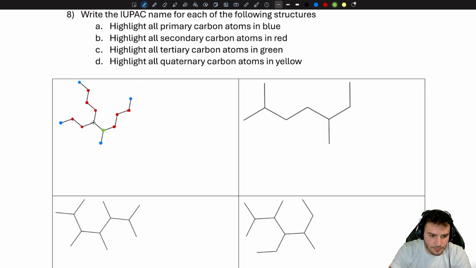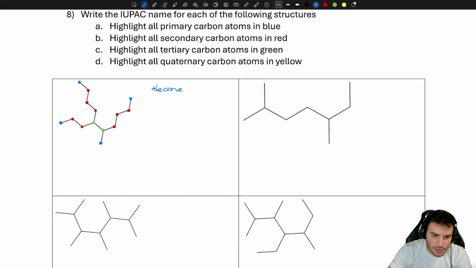Okay, so we already found 9. What about here? 1, 2, 3, 4, 5, 6, 7, 8, 9, 10. That looks like it's going to be our longest chain. And so we now know that that should be decane.